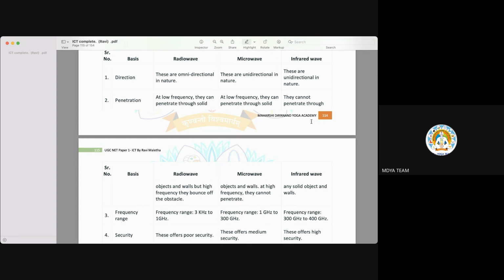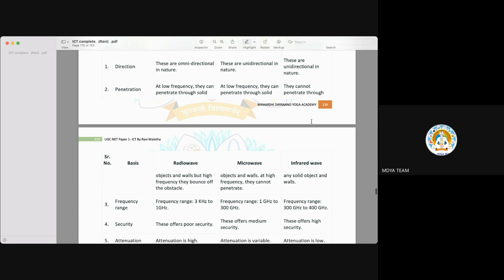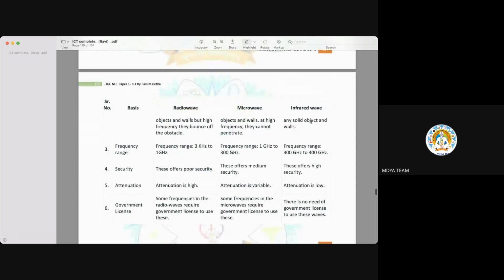In one direction they travel, so they are not used for omnidirectional transmission. Radio waves have penetration at low frequency, and they can penetrate through solids.